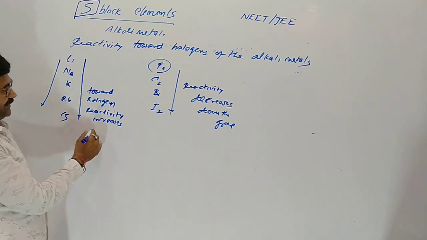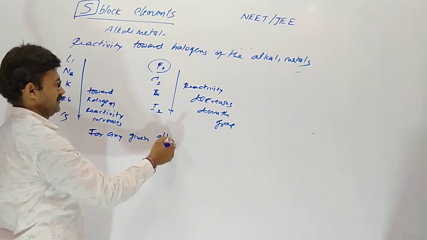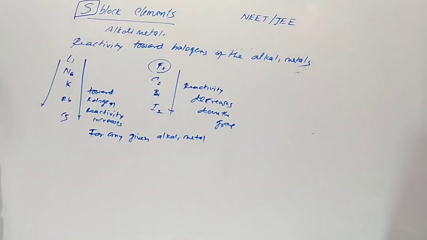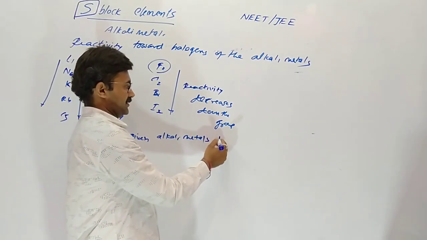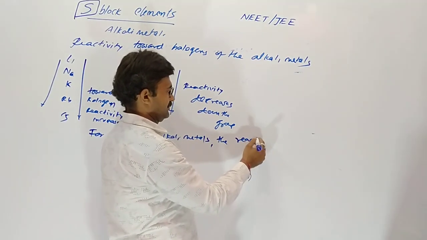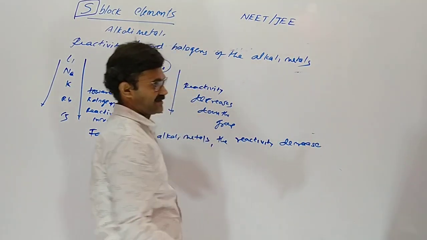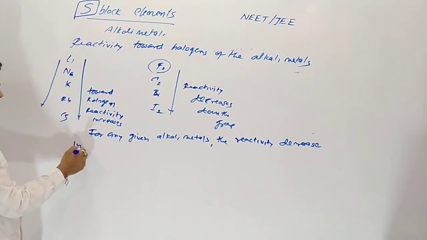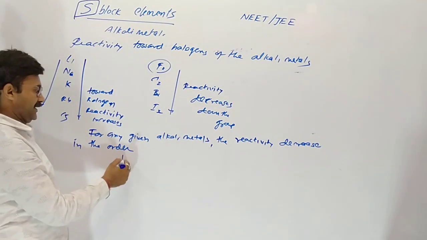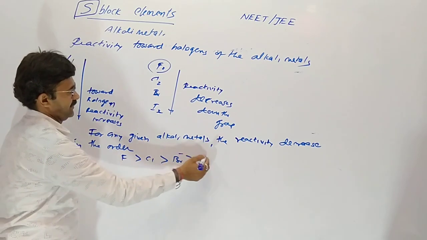For any given alkali metal, the reactivity decreases in the order fluoride, chloride, bromide and iodide.